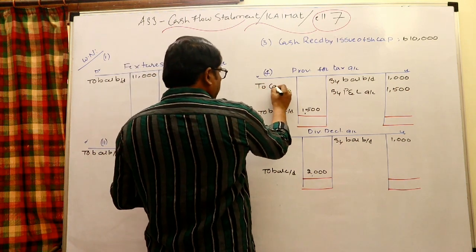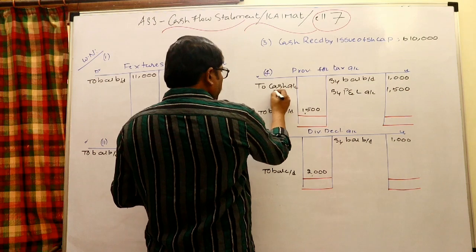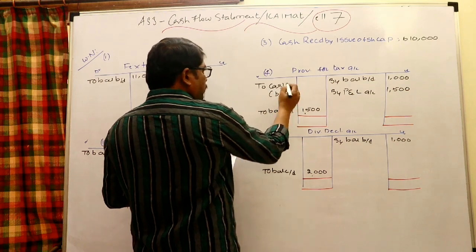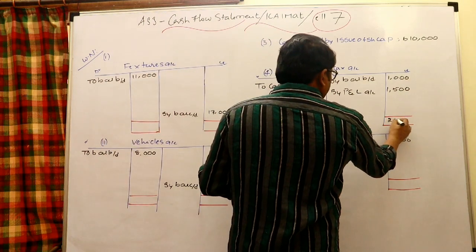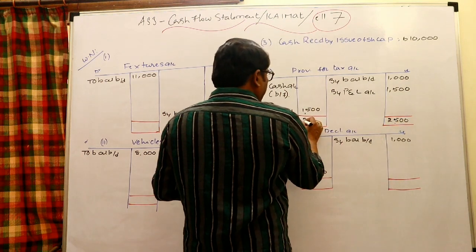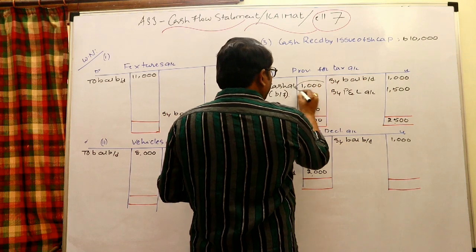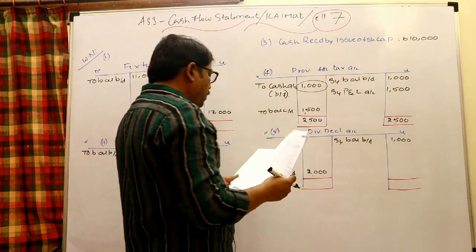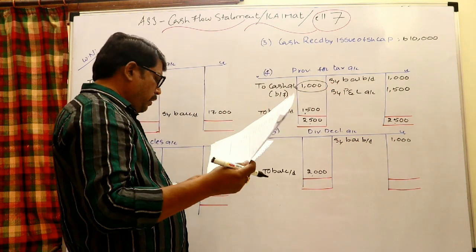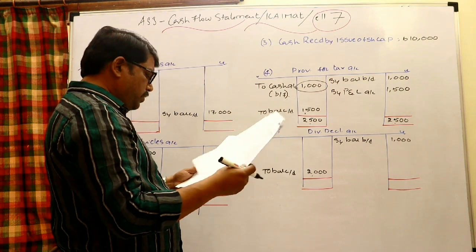Provision for tax to cash or bank account, this is a balancing figure, 2,500, 2,500 and 1,000 rupees. By the provision for tax we are able to know how much tax we paid during this year.